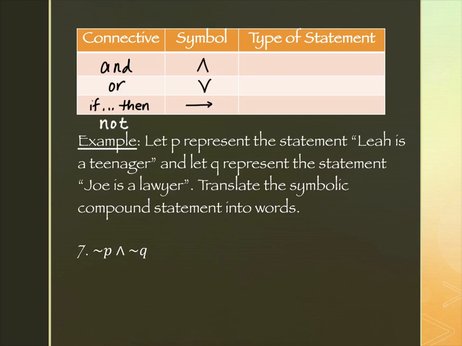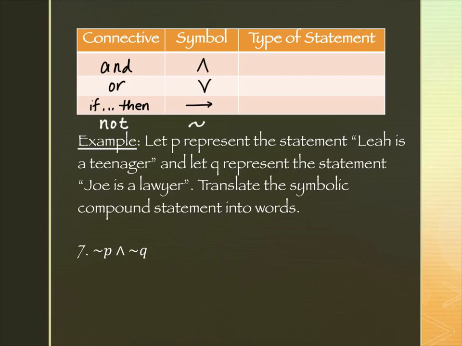And not uses a tilde. Okay, so on a keyboard, a tilde is in the top left-hand corner of your keyboard. If you haven't ever used it before, that's where you find it. There's usually some boxes inside of MyMathLab too where you can select symbols, and the tilde might be in that box.